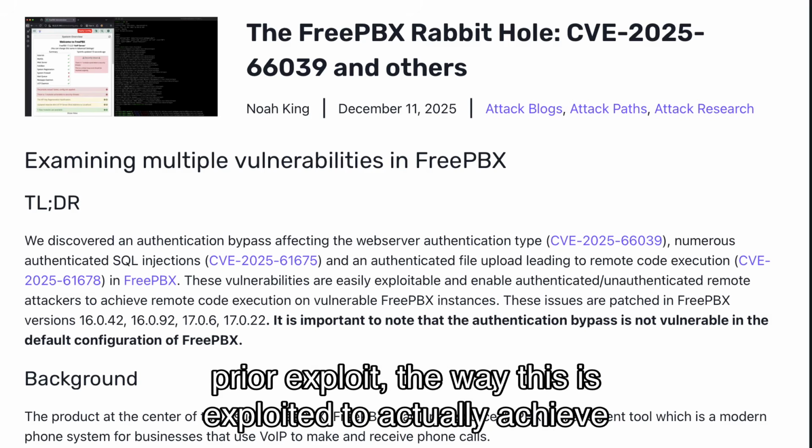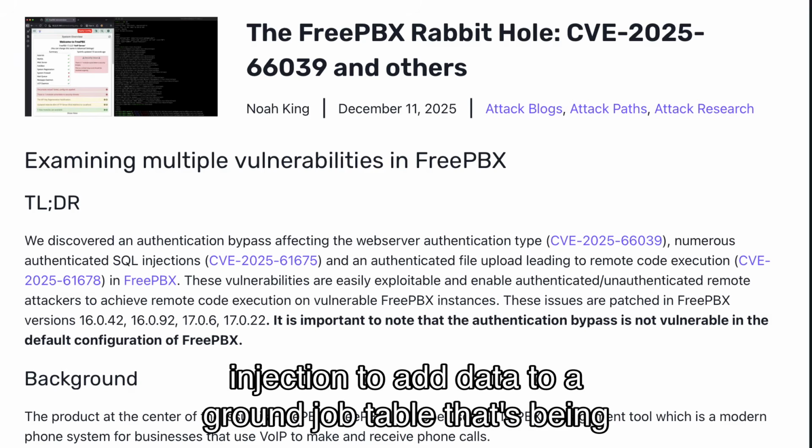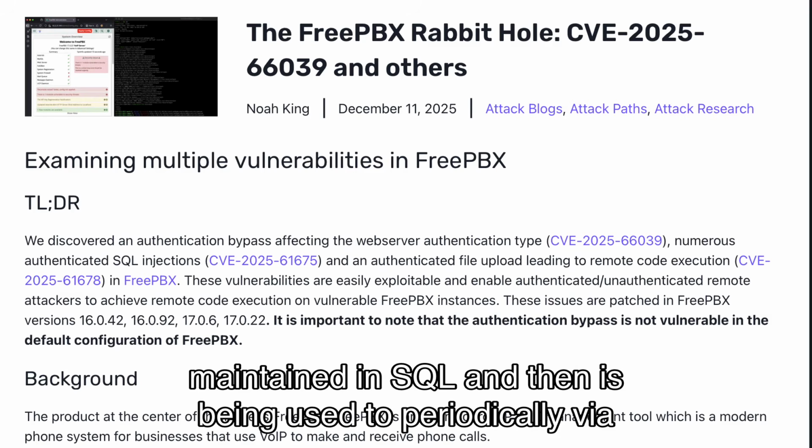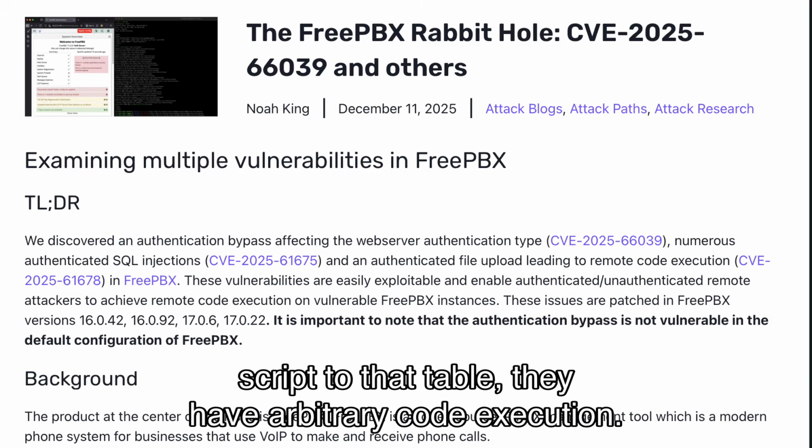Similar to the prior exploit, the way this is exploited to actually achieve remote code execution is by using the SQL injection to add data to a cron job table that's being maintained in SQL and then is being used to periodically via cron launch various scripts. And if the attacker can add a script to that table, they have arbitrary code execution.